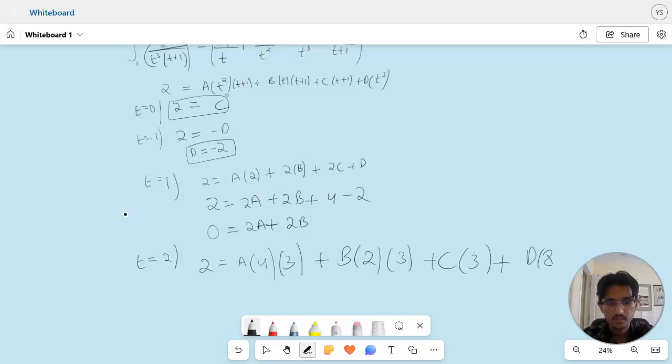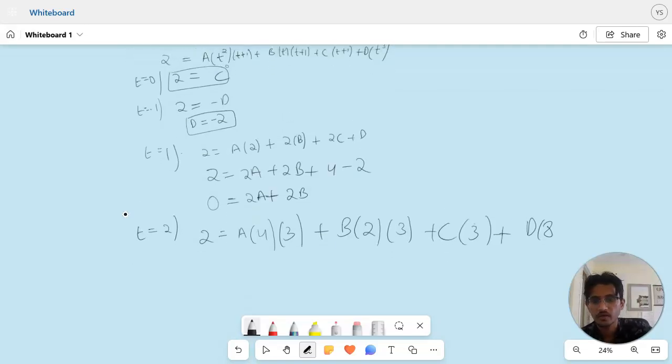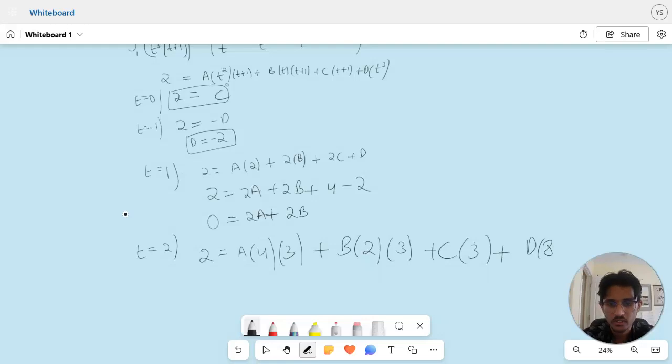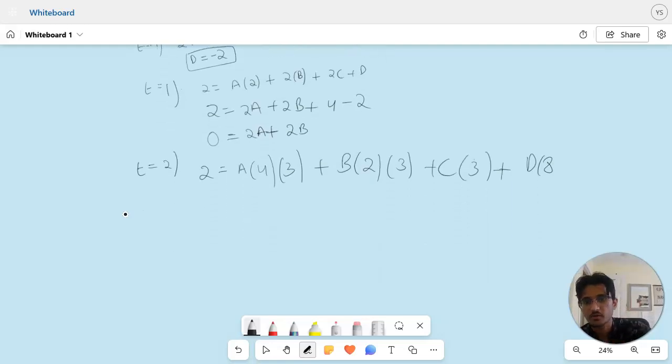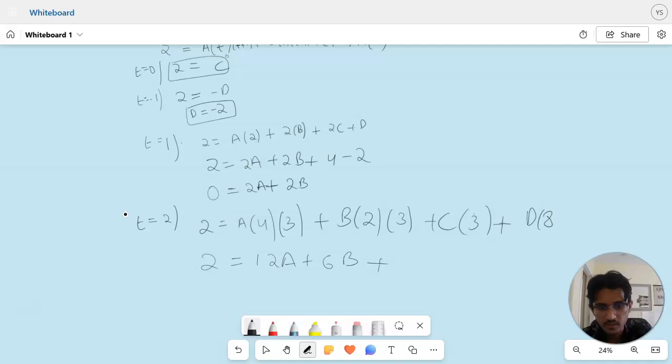D times 8. Since we don't already have our A and B, that's why we just left it as A and B, right? We only have C and D. So 2 equals 12A plus 6B plus C. We found C value as 2, right? So 2 times 3 is going to give us 6, and -2 times 8 is going to give us negative 16.